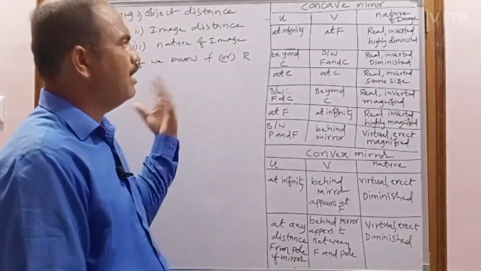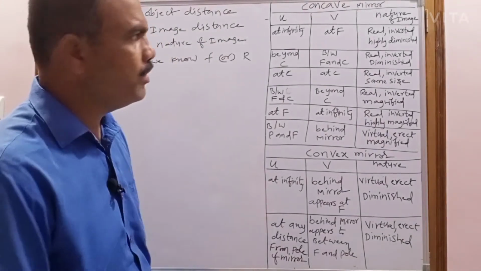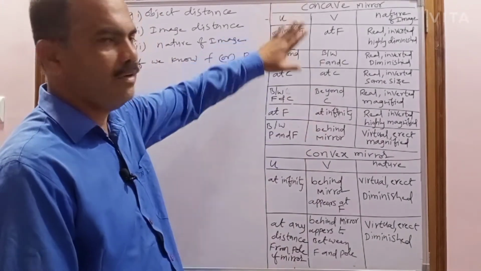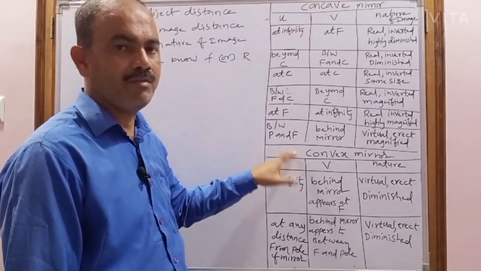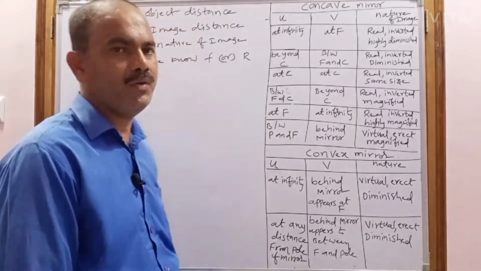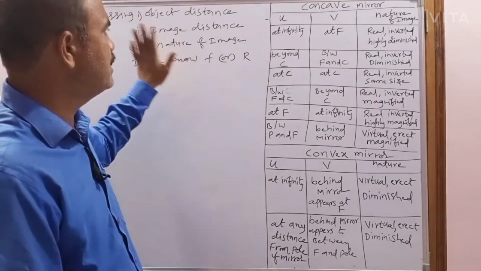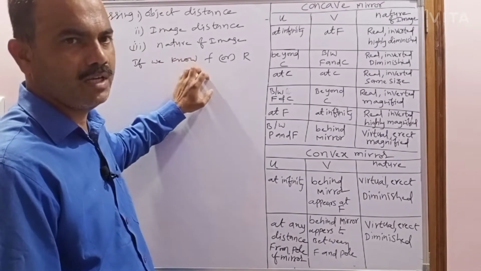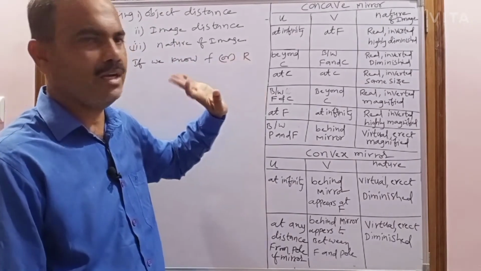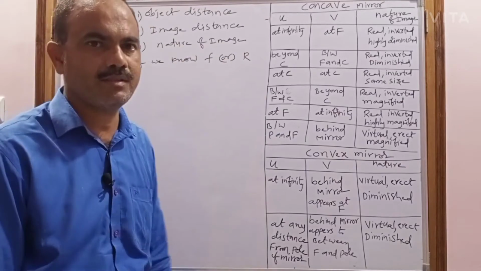So to answer them, first of all you have to know perfectly the different types of images formed by the concave mirror and convex mirror. Then only you can guess the image distance and nature of image if you know the focal length and radius of curvature, as well as the object distance.